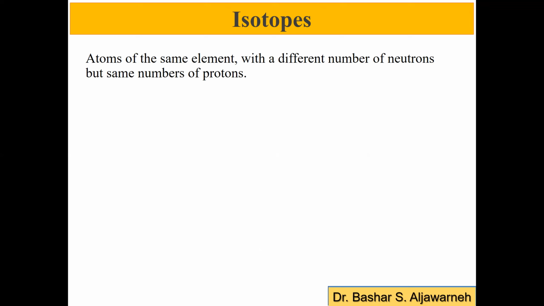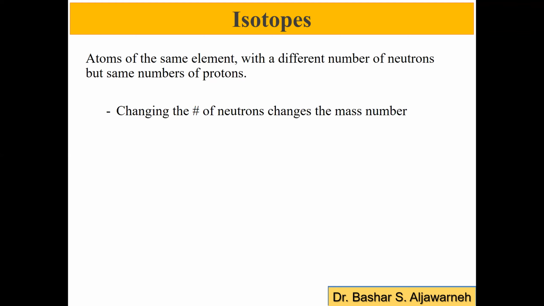Now, another form of the same element after certain radioactivity process is called isotopes, whereas the isotope is an atom of the same element, but with a different number of neutrons and same number of protons.